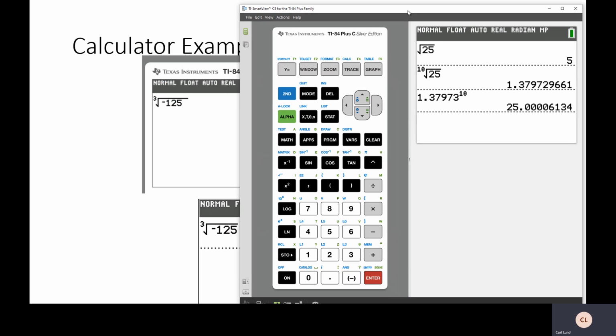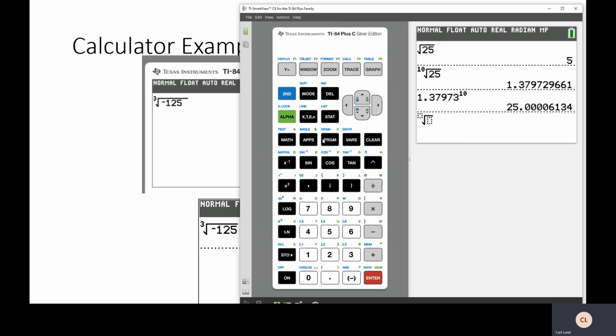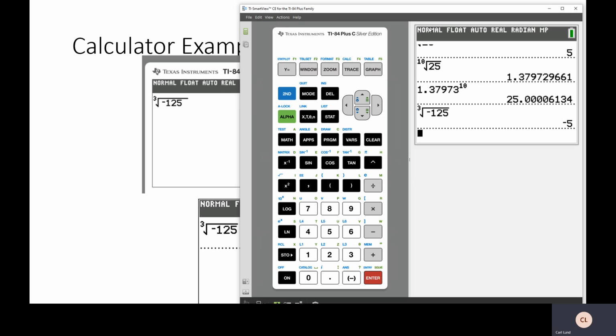I think it's easier just to show it. So math. And again, since it's a cube root, you could just choose option 4. That would work just fine. But we went to here, enter a 3, enter negative 125, making sure to use the negative key, and we get negative 5.